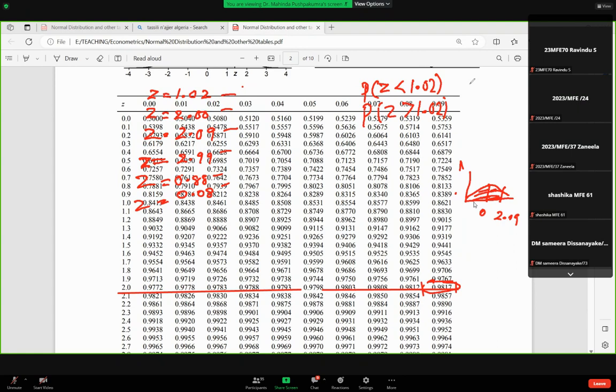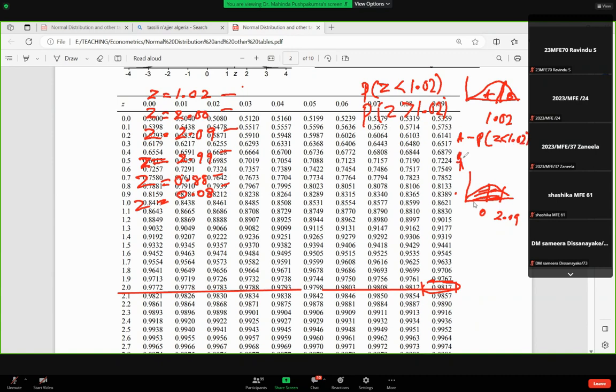Okay, then I'm going to ask you another task. Let's say here Z value is 1.02. Let's say this is A, this is B. A means the probability that Z value is less than 1.02.